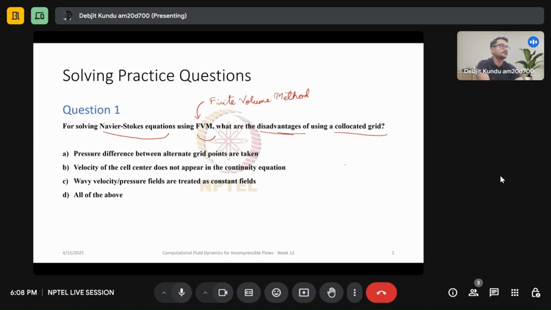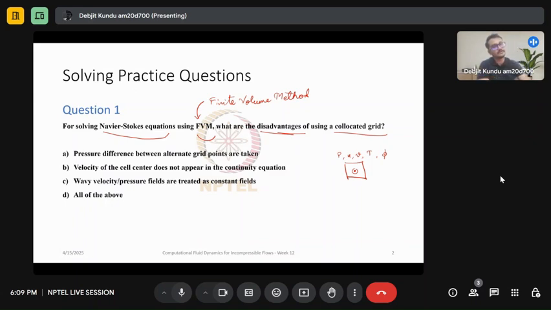And co-located grid meaning that all the quantities, be it pressure, be it velocities, be it some other scalars like temperature or any scalar for that matter, they are all stored in the cell center of each cell. That's what a co-located grid means.